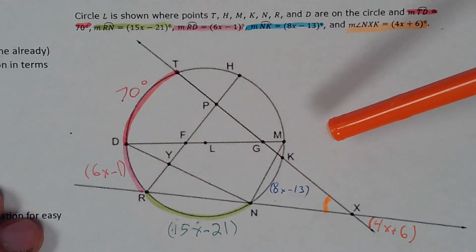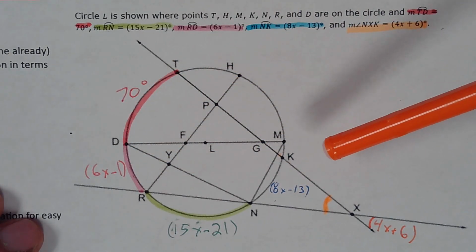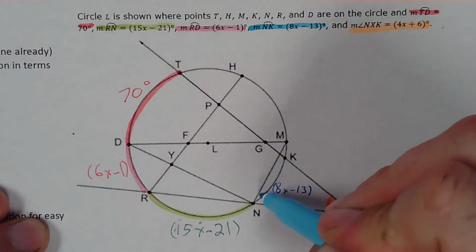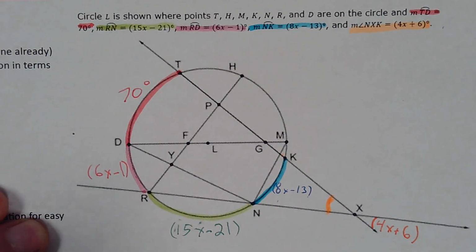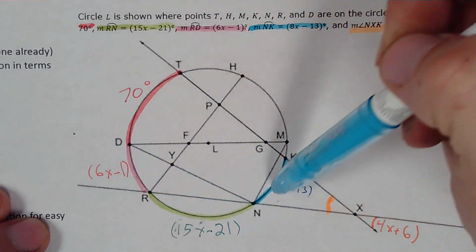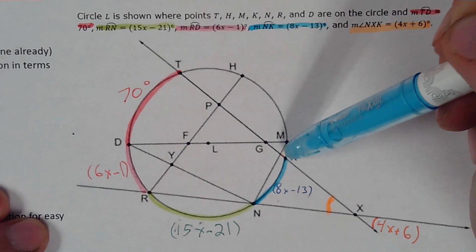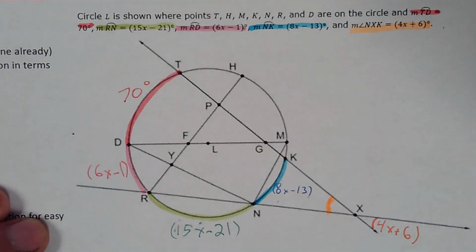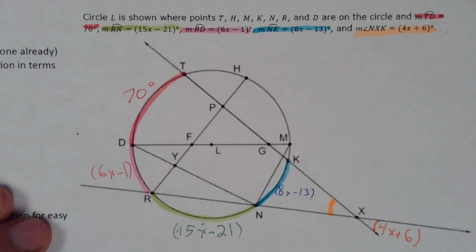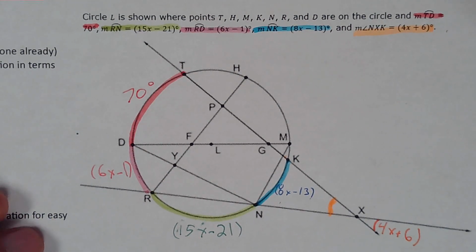Whoops, I didn't make this blue. See, I just caught something. So that would tell me that everything in here would equal 180 degrees except for this little MK. That would be valuable information to know. So look for stuff like that as well.